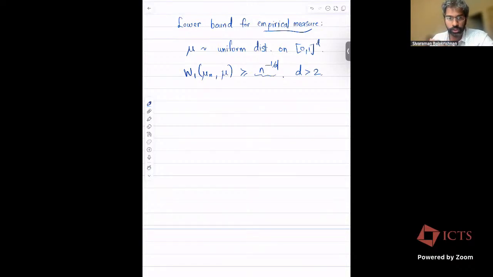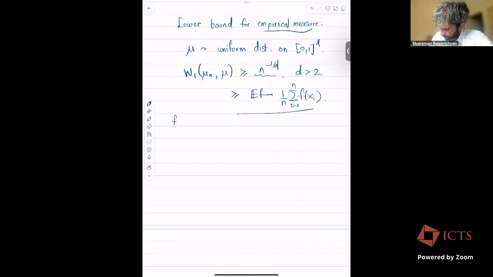One way to try to convince you of this fact is to demonstrate a 1-Lipschitz function. I can pick any 1-Lipschitz function f, and then the distance is at least the expected value of f minus the average of f over the sample. So I'm going to now try to pick a clever 1-Lipschitz function that makes this contrast pretty big.